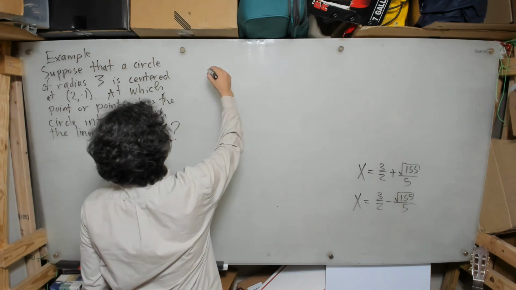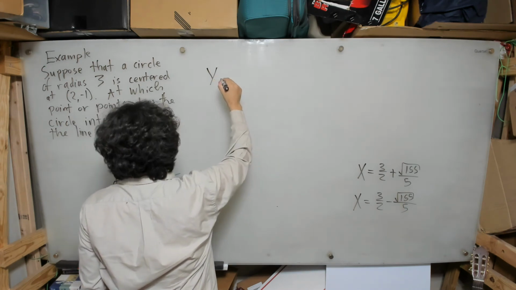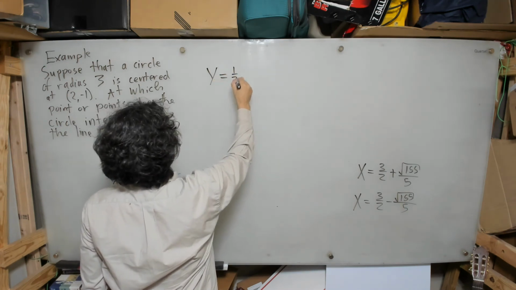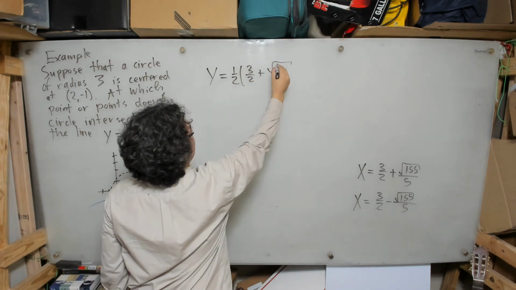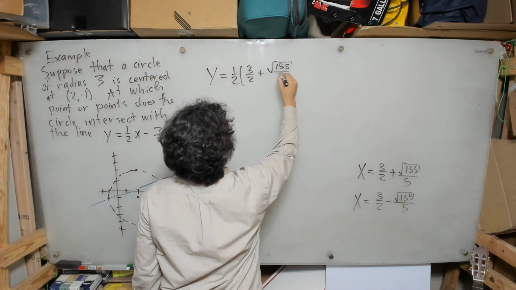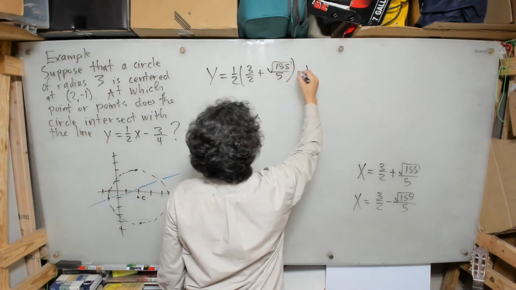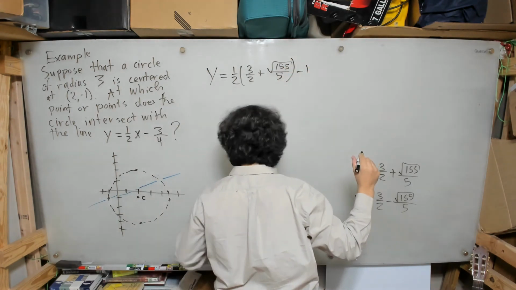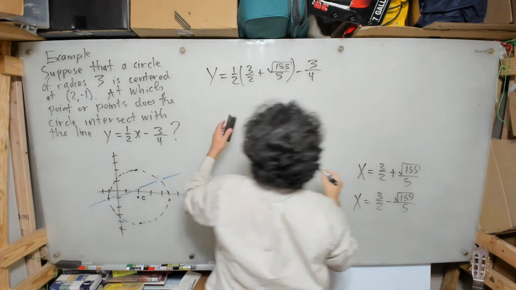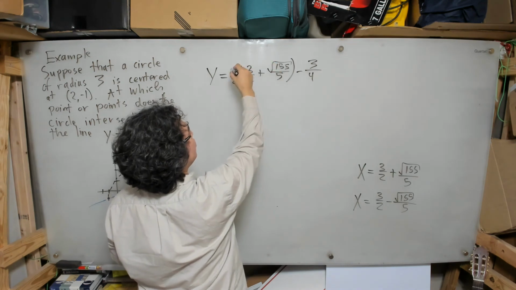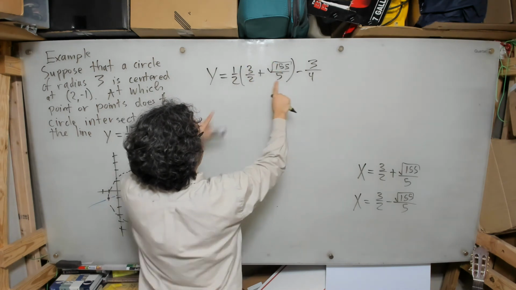I'm going to start off with the 3/2 plus square root of 155 over 5. So my y associated with that one will be y equals 1/2 times 3/2 plus square root of 155 over 5, minus 3/4. Here, this 1/2 is going to distribute. It's going to multiply here and here.